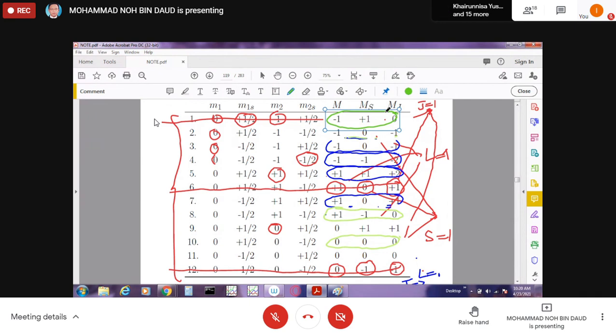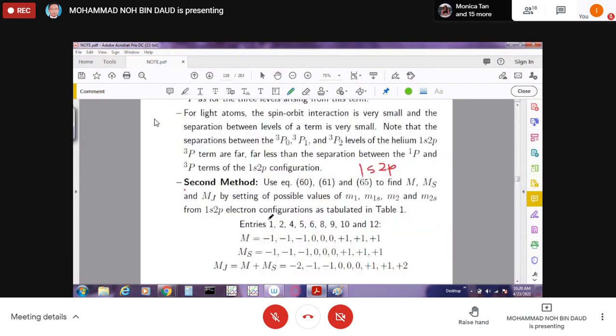Maybe we can continue next week. Okay, I will try to solve these problems. Actually, everything is in the, okay, I can refer to this entry first, and so on. I'm trying here to solve it without looking at this row.